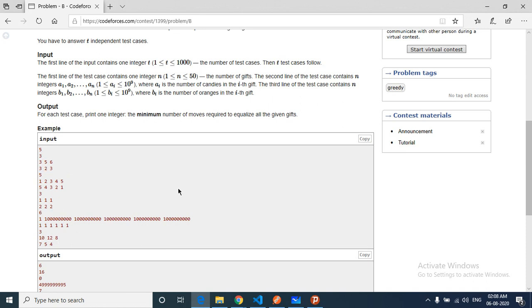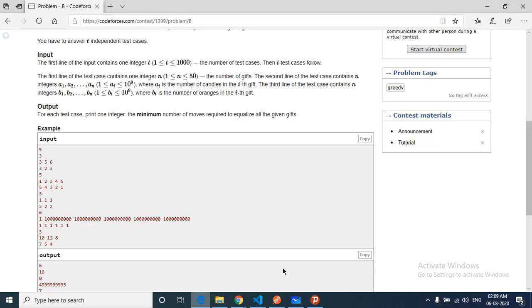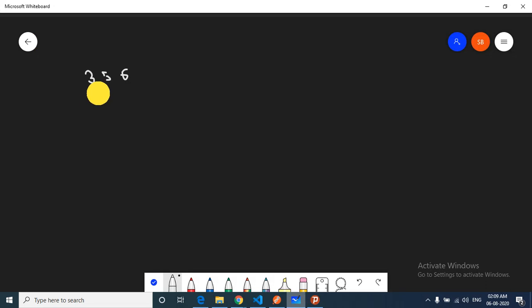I'll take it down to the drawing board. So this is 3, 5, 6 in the top row, and 3, 2, 3 in the bottom row. The smallest in the top row is 3, and the smallest in the bottom row is 2.